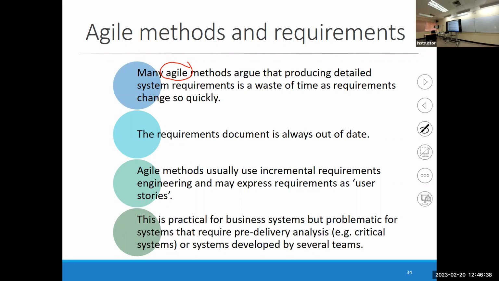Even in agile, where we say very minimum documents, you still need some documents, even within the team, communication among the team, communication with the user, and so on. But not a very lengthy document that requires a lot of time to produce.